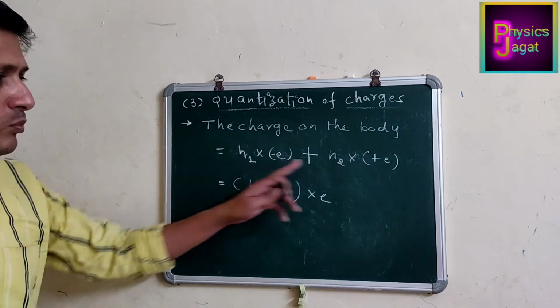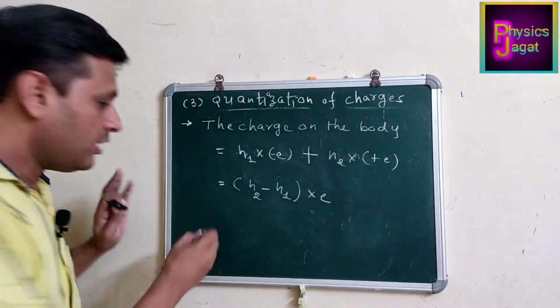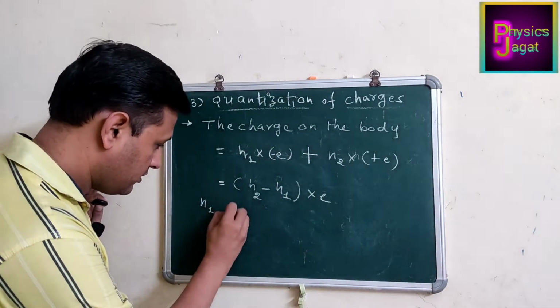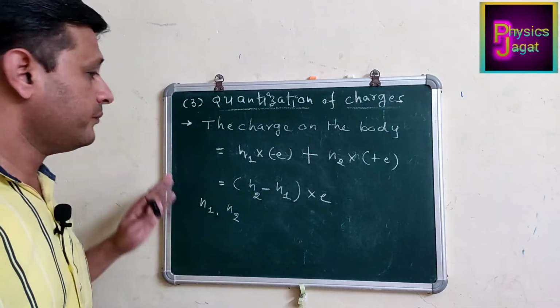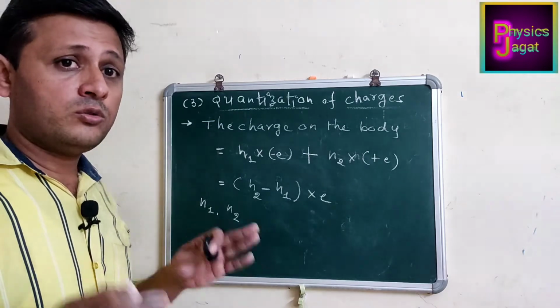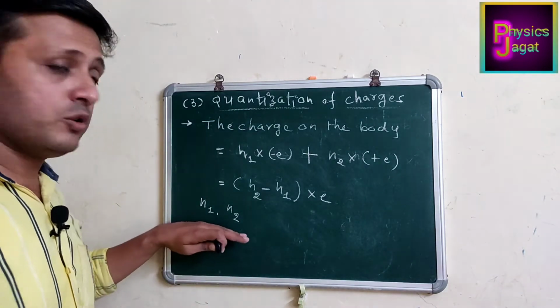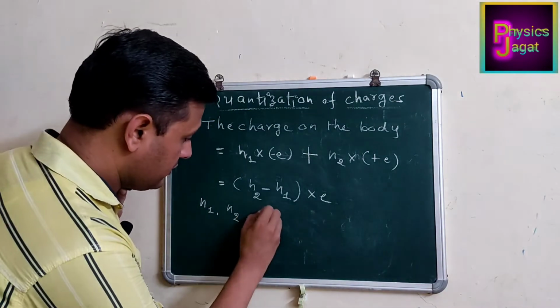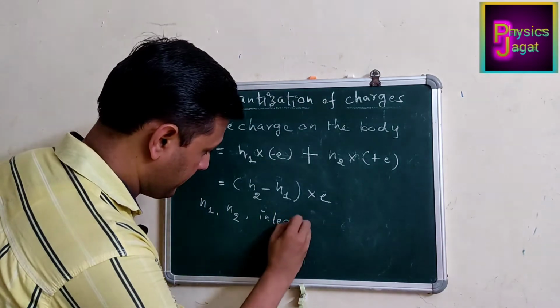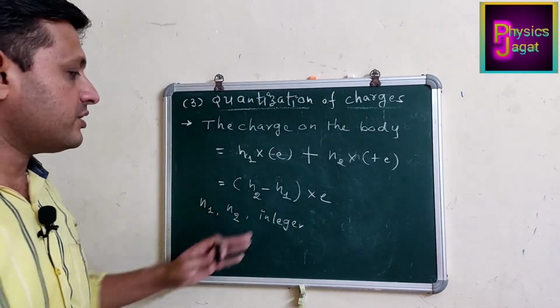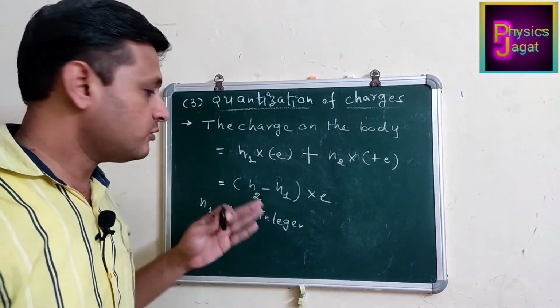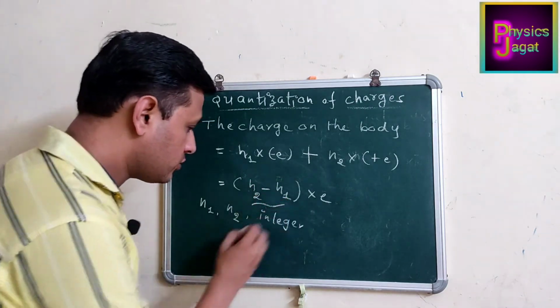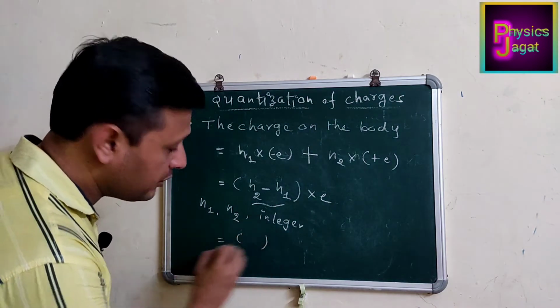Now, we know that n1 and n2 are integers. They must have a positive or negative value. They do not allow a half or 3/2 or any such value. Their allowed values are integers. If these two are integers, then their subtraction will also give you an integer, so this bracket will also be an integer.